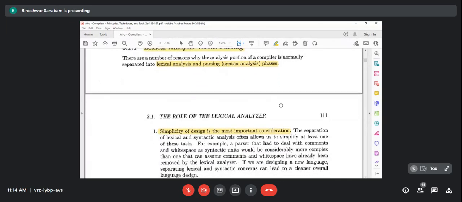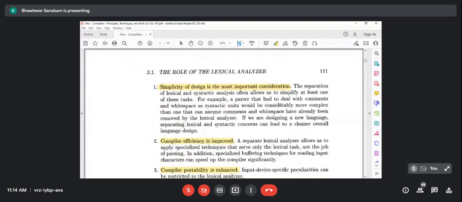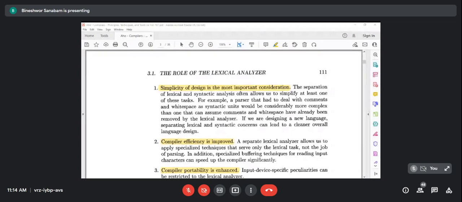When we separate this into different phases, there is simplicity of the design, then compiler efficiency is also improved, then compiler portability.